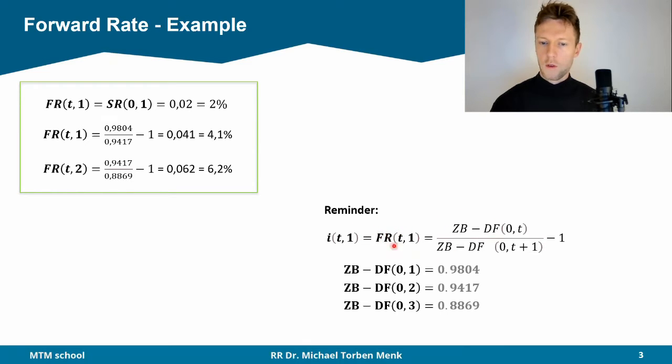So that's also how to use the formula. If you're searching for the forward rate from year 1 to 1, then you need the zero bond discount factor from now to year 1, and it's divided by the zero bond discount factor from now on to the year we start plus 1, making it the year the interest rate will end.